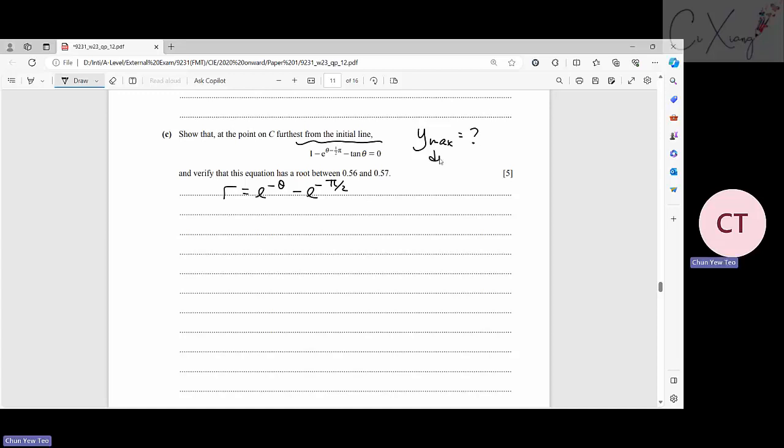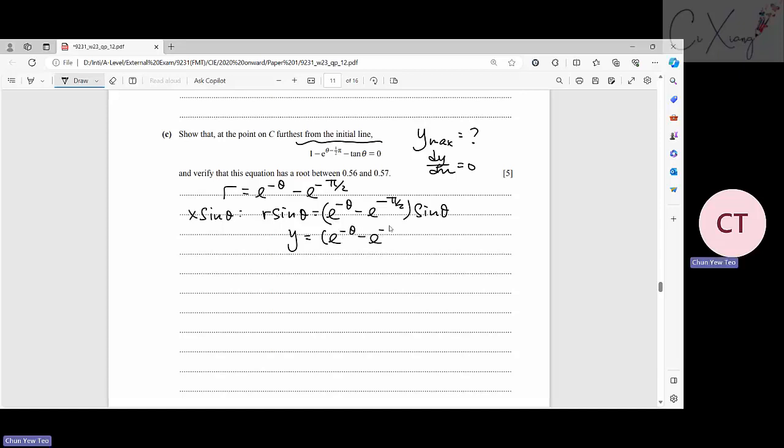To look for the y max, you must have dy dx equal to 0. But over here, this one is only r and theta. So we will multiply by sine theta first. So you get r sine theta equals e to the power of negative theta minus e to the power of negative pi over 2, times sine theta. Then you get this as y.